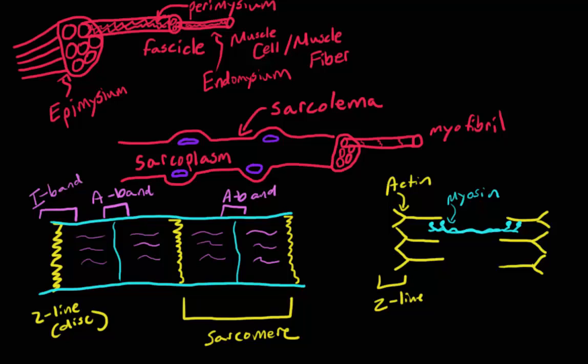As far as the bands go, if you notice where the Z lines are, and the area that's highlighted over here, the area where we only see actin present, this particular area, on this side, is what will make up the I band.